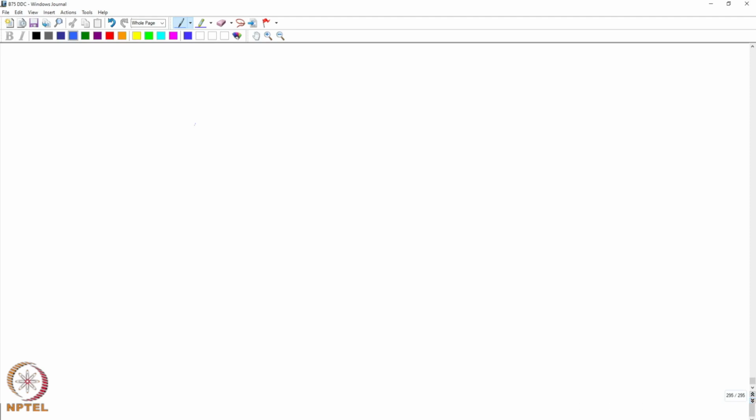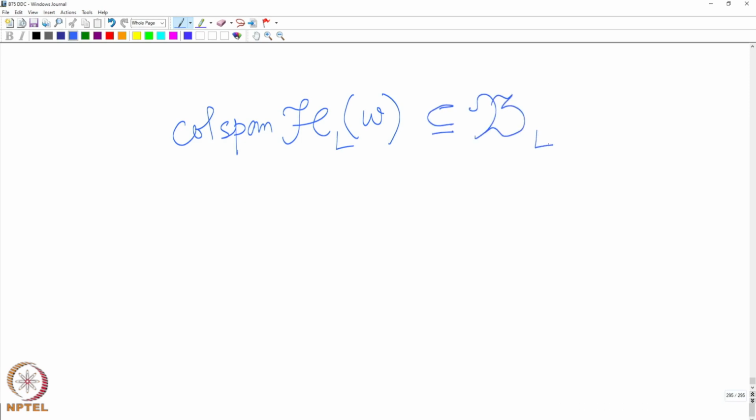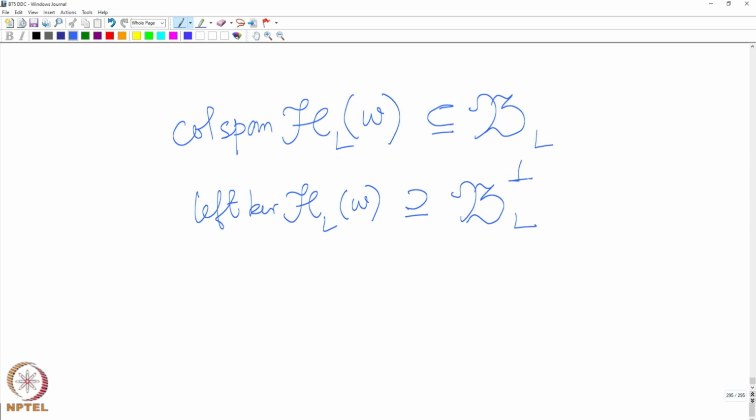In general, the column span of such a Hankel matrix constructed from the finite time series is always contained in B_L, the L restricted behavior, and therefore the left kernel of this will in general contain B_L perp. So we assume that this containment is strict.